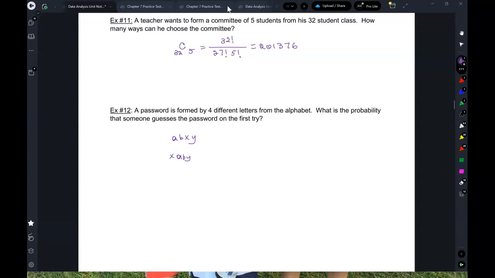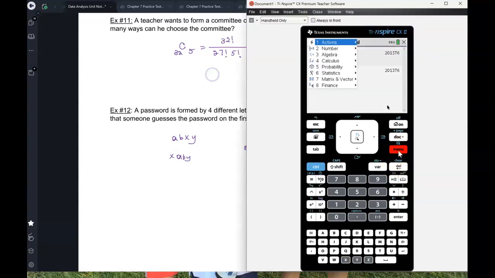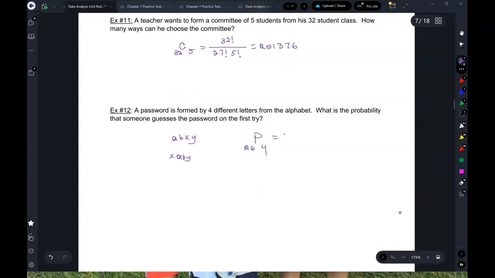Oh my God, time is up. So this is a permutation, 26 to 4. Let's go to menu, probability, let's do permutations. How much is this? 26 comma 4. Oh boy, a whole bunch of possibilities. But the probability is 1 over that lovely number.